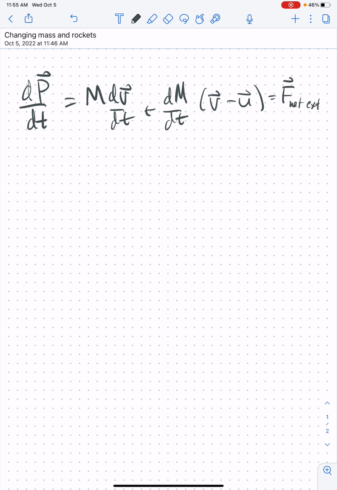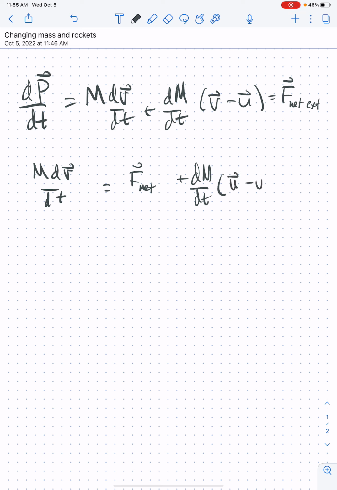And that also is sometimes useful to rearrange this as m dv/dt equals the net external force plus dm/dt (u minus v), which is actually the relative velocity.